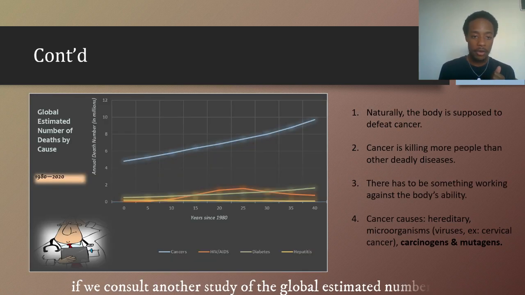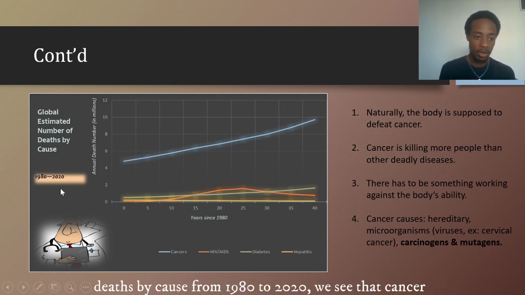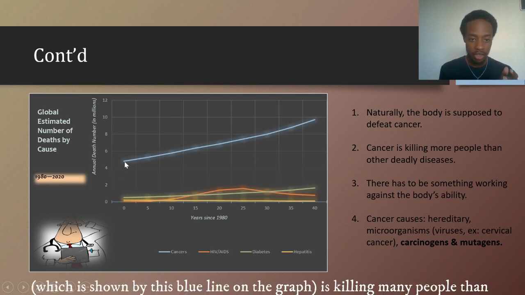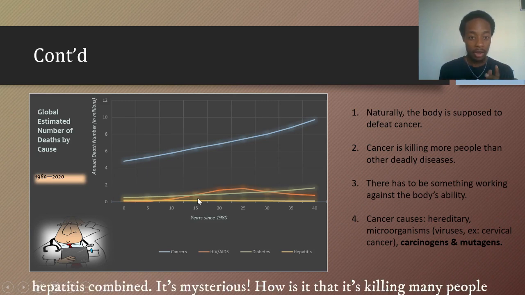However, if we consult another study of the global estimated number of deaths by cause from 1980 to 2020, we see that cancer, which is shown by this blue line on the graph, is killing more people than other fatal diseases, than HIV, AIDS, diabetes, and even hepatitis combined. It's mysterious.